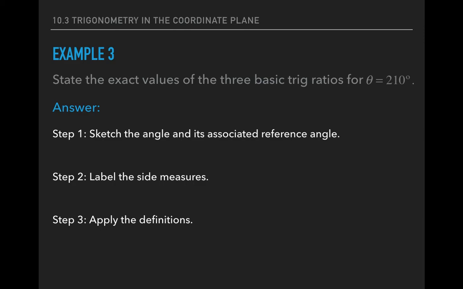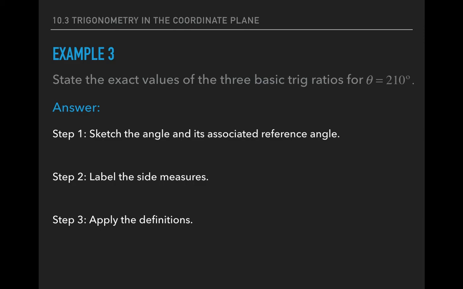So the first thing we're going to do is sketch this angle and find its little reference angle as well. So take a moment to do that. Sketch 210 in that little coordinate plane. Where is it going to be? And where will its reference angle be?